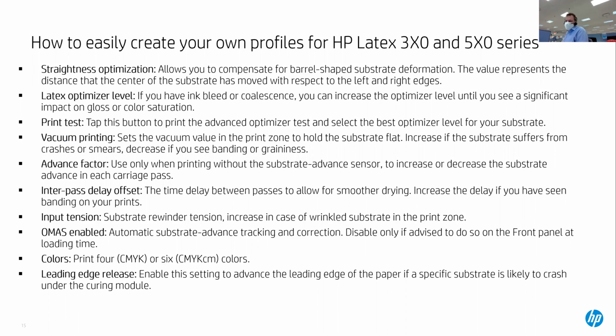Again, also on vacuum, don't exaggerate, because when you really increase your vacuum too much, your media will not advance correctly. It can even give a wrinkle and give a head crash. But you need vacuum to keep your media close to the printing platen and to avoid head crashes or smears, where your carriage is just touching the media, but it doesn't crash into it.